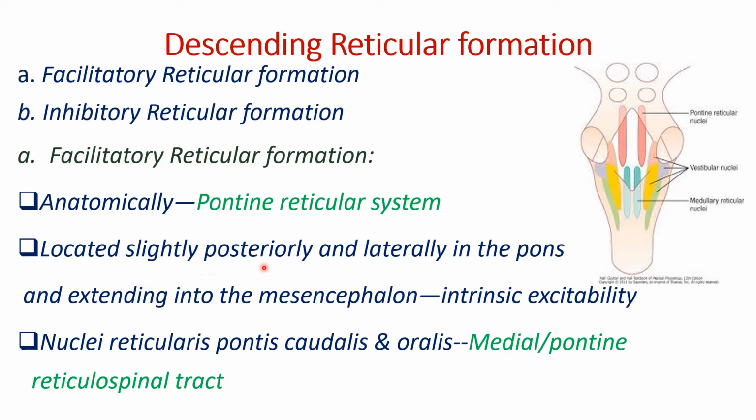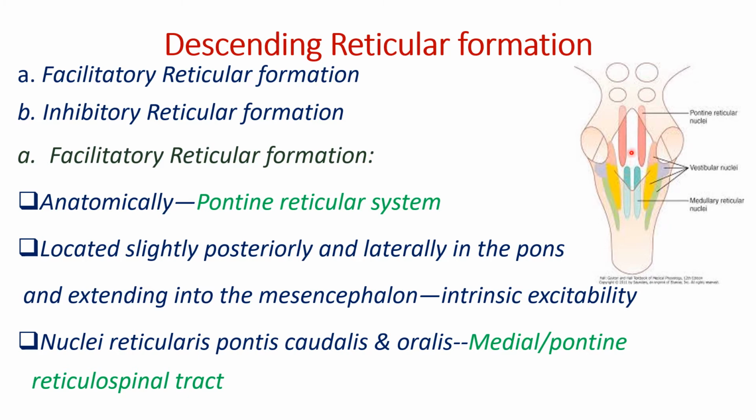It is located slightly posteriorly and laterally in the pons and extending into the midbrain or mesencephalon. The neurons of the pontine reticular formation have inbuilt intrinsic excitability, that is, they are self-excitatory, they can generate their own rhythm.